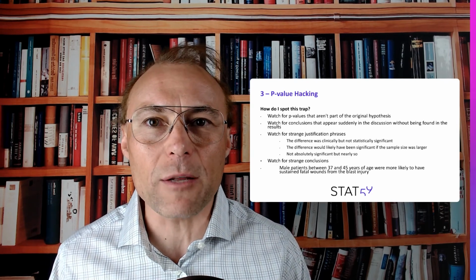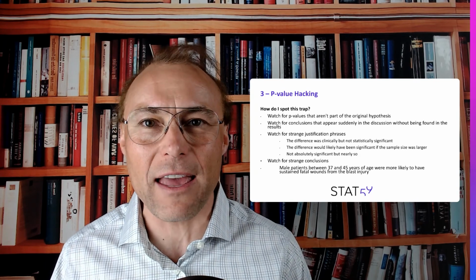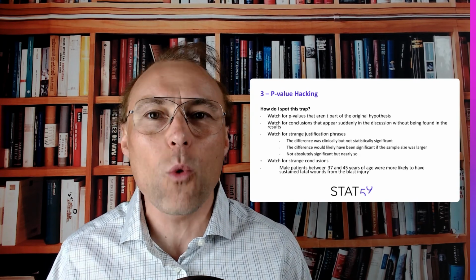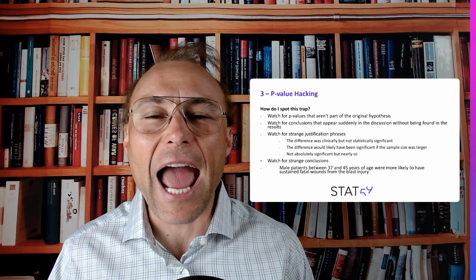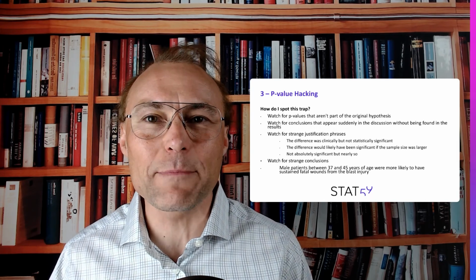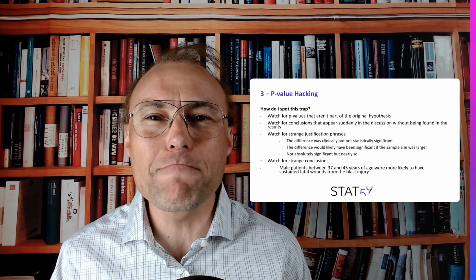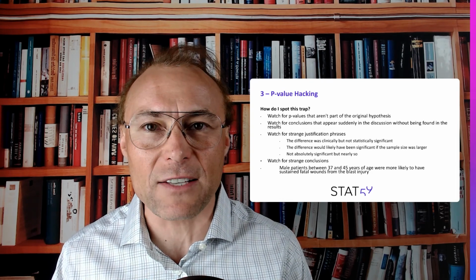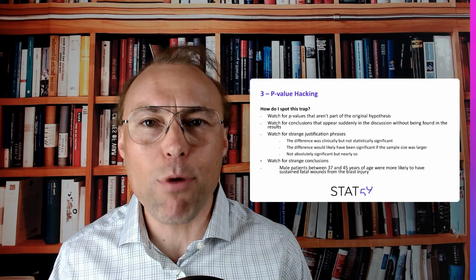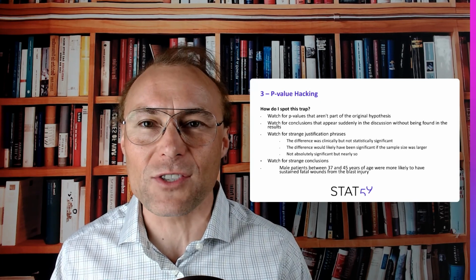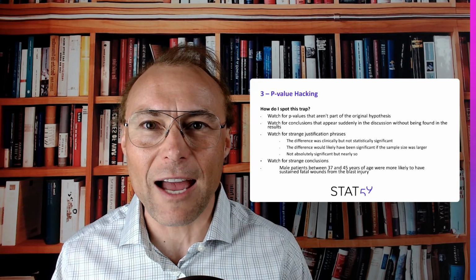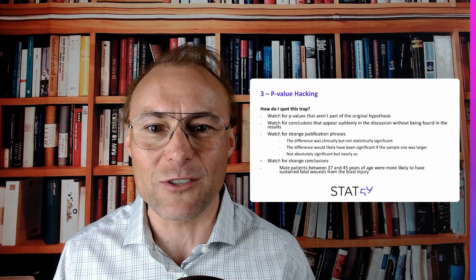Now, the unfortunate problem is that it's extremely easy to calculate p-values. We can do it in seconds. And many researchers who are not experienced with the theory behind statistics will make multiple p-value tests on their data and report only those that are interesting. And this is p-value hacking, and we absolutely cannot do it.